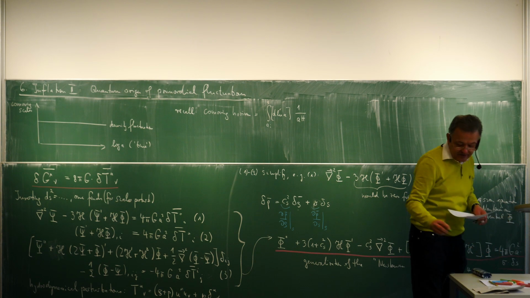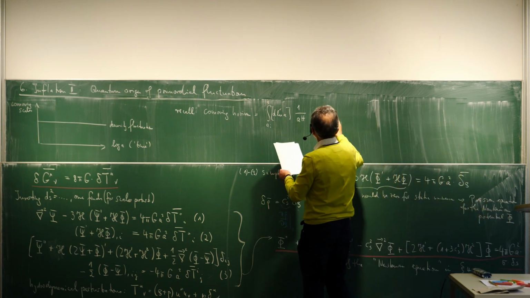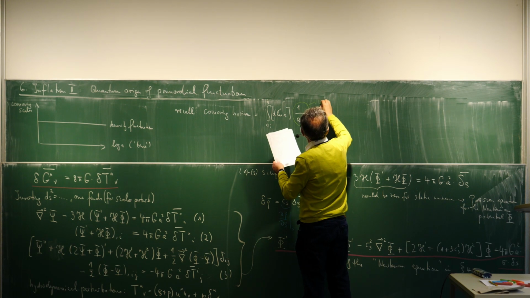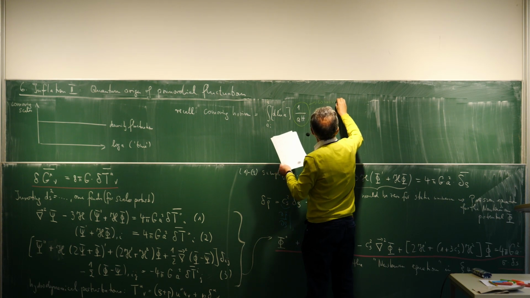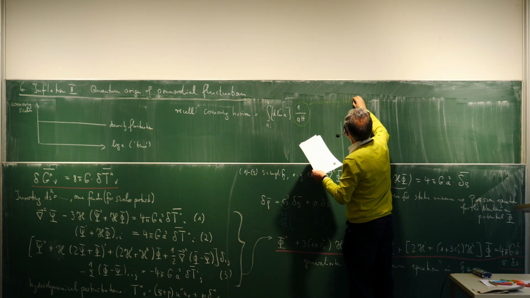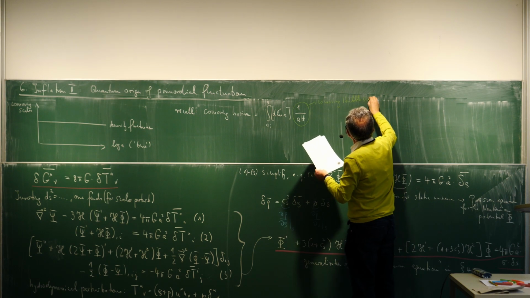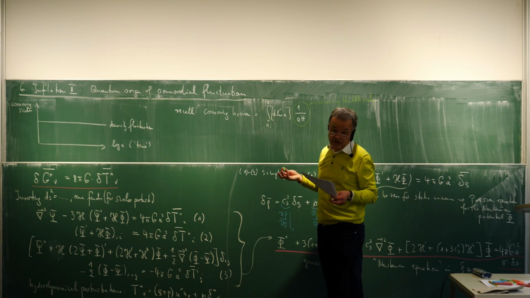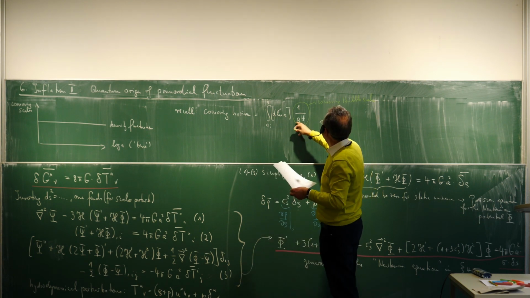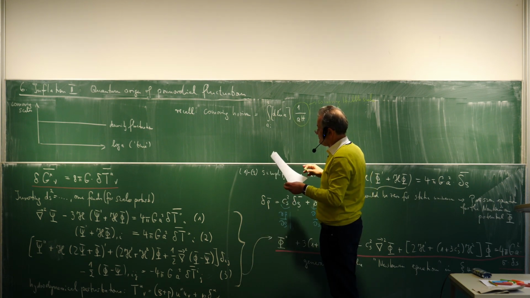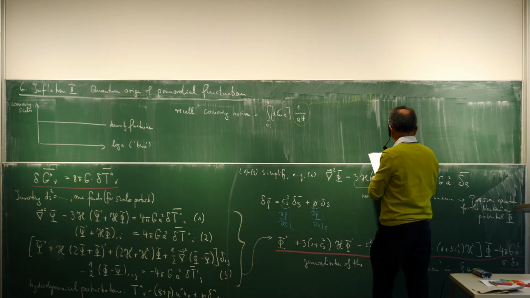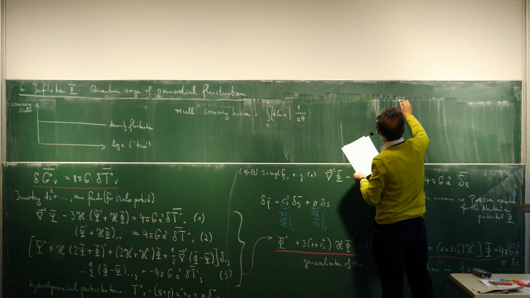It's written in this way because this one is very important. This is called the comoving Hubble scale. The Hubble scale is just 1 over H. We had also discussed this before, and this is then the comoving one, which is the comoving Hubble scale.